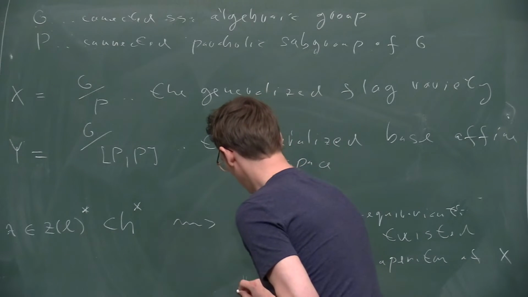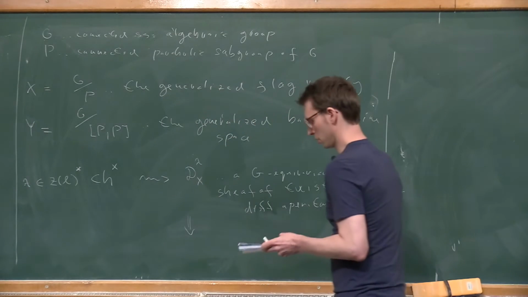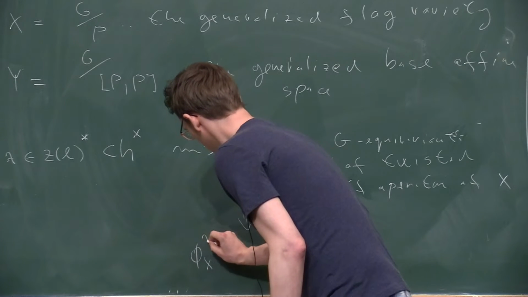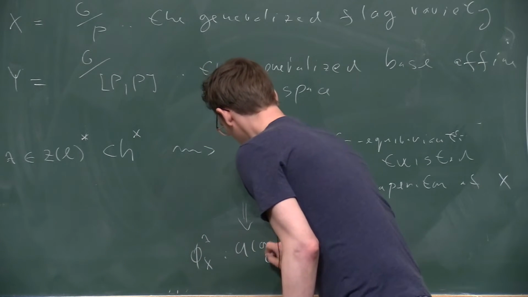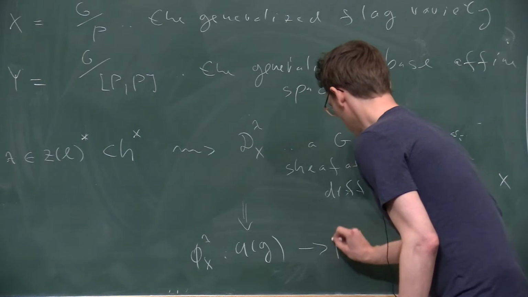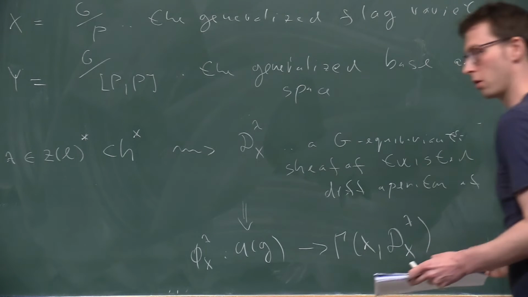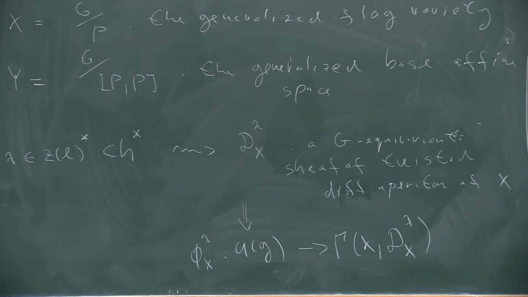Because this sheaf is G-equivariant, it is possible to construct a mapping from the universal enveloping algebra to the global sections of this sheaf, and this mapping is surjective.